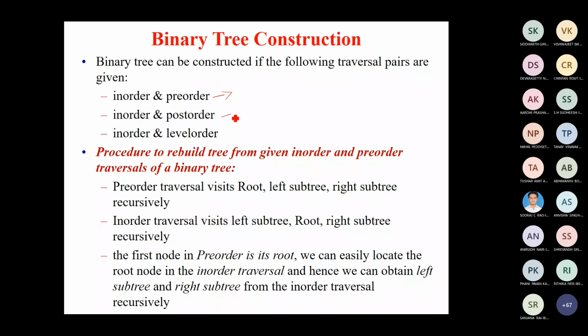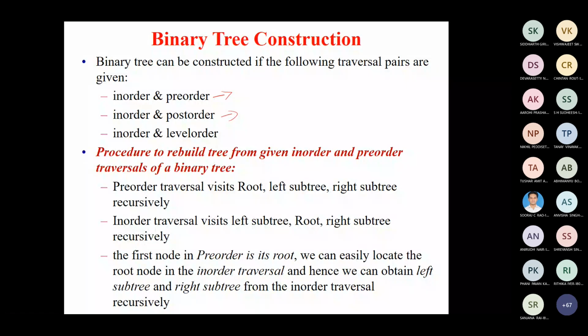In-order and post-order also, and in-order and level order as well. If the in-order is combined with any one of the remaining traversal outputs, it is possible to produce the unique binary tree or unique binary search tree.